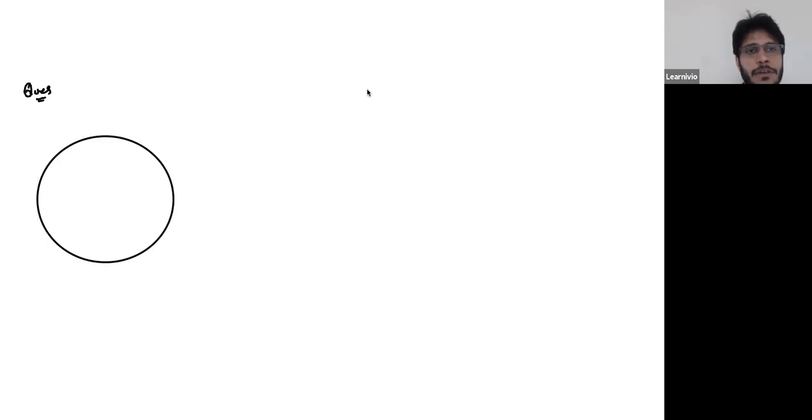Say you have a sphere, and inside this sphere we placed a charged rod. The linear charge density of the rod is kx.